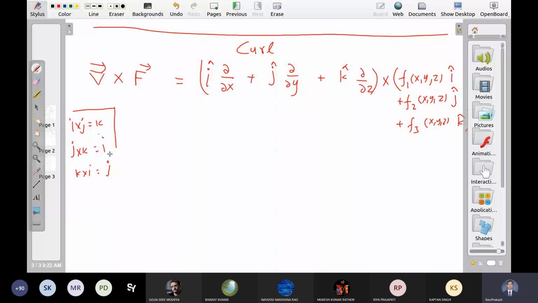We will follow the determinant formula because the other takes some time, although both have the same meaning. So i, j, k, del over del x, del over del y, del over del z, f1, f2, f3.